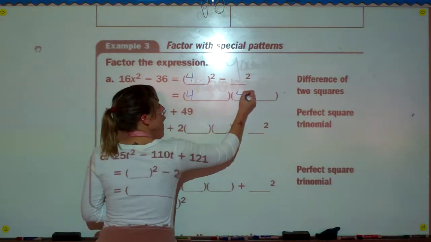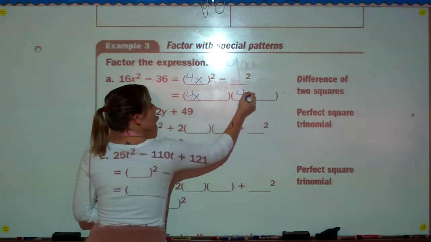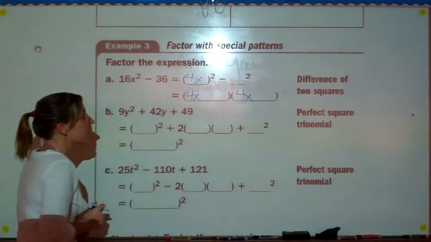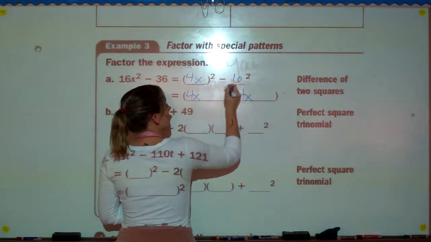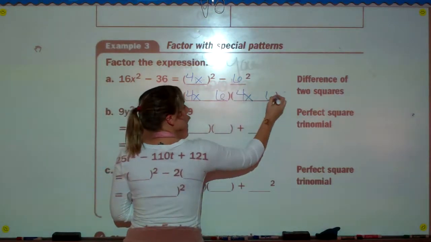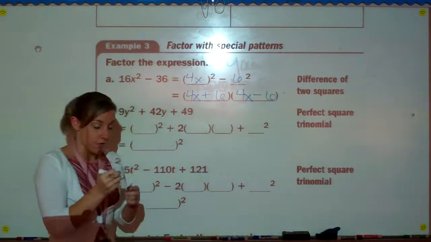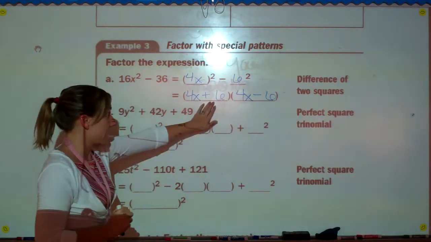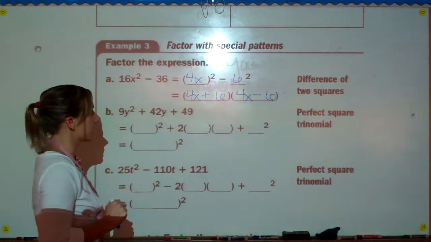And then the x is with it, so it would be 4x times 4x. 36 is what times what? That's 6 times 6, so that's the same idea as 6 squared. Since it's negative, that means one's positive, one's negative. That means positive 6 times negative 6 is a negative 36.